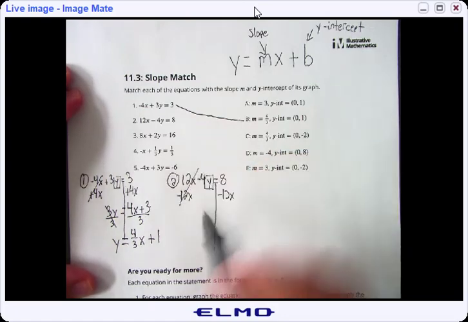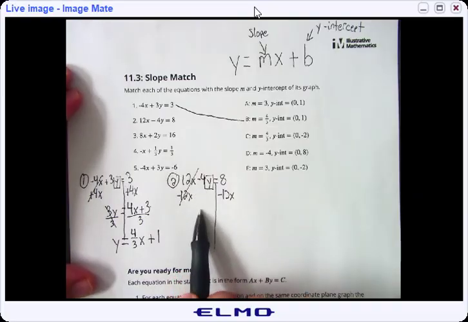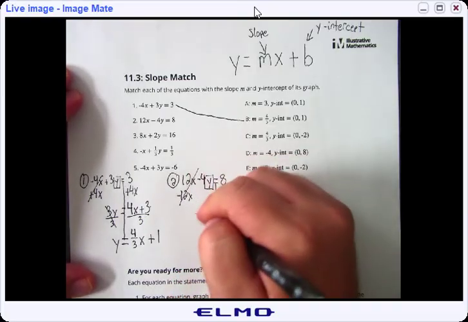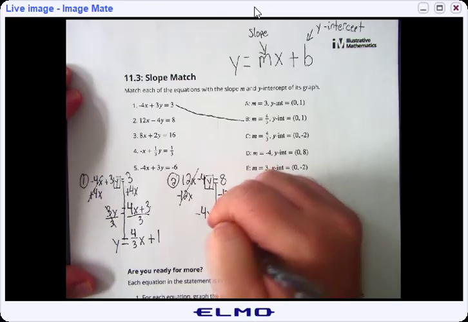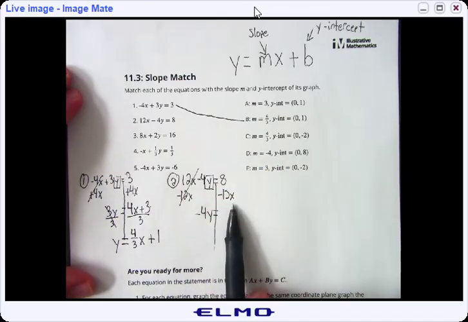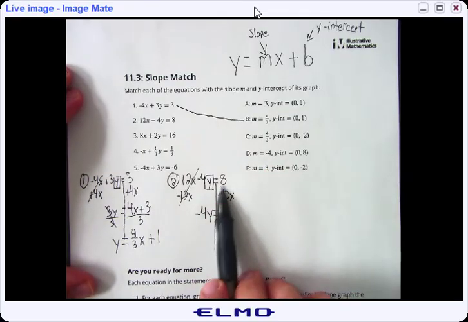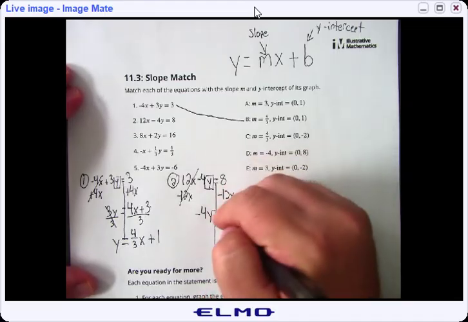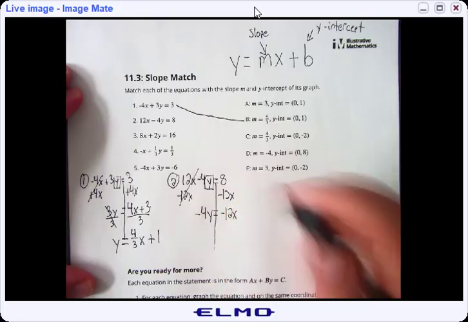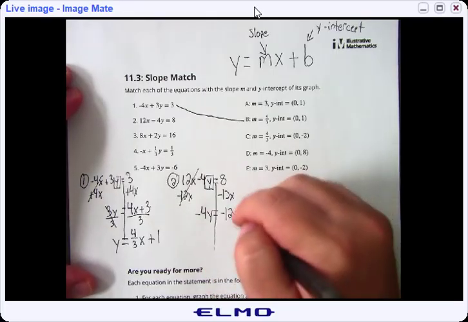These 12x's cancel. I have negative 4y left, so I bring that down. Equals, and again I want to write it with the x first, so negative 12x, and because this is positive 8, I write plus 8.